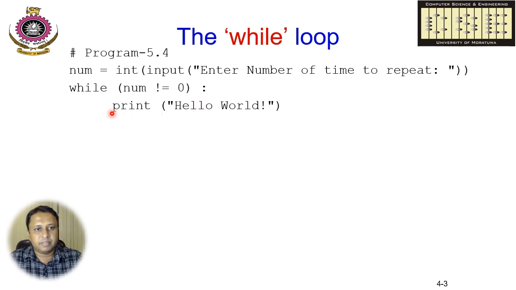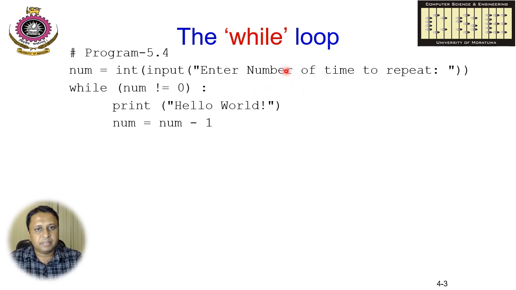What happens? We need to print hello world, very basic. And then in the next line, we decrement the value of num. What do we mean by decrement? Decrement by 1: we reduce the value by 1 at each iteration of the while loop.